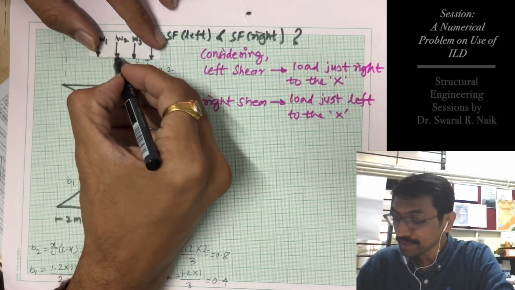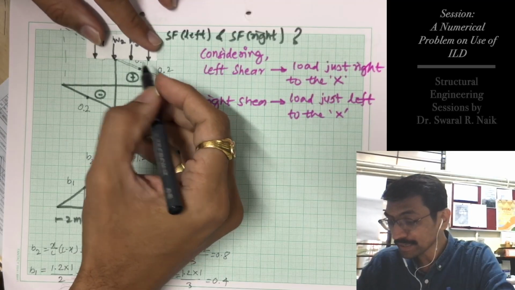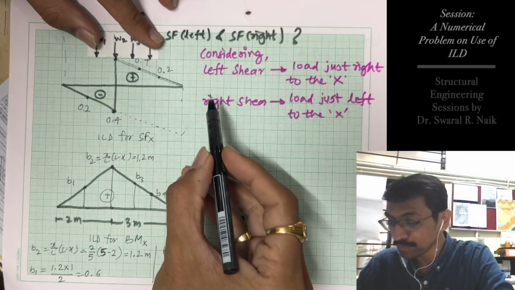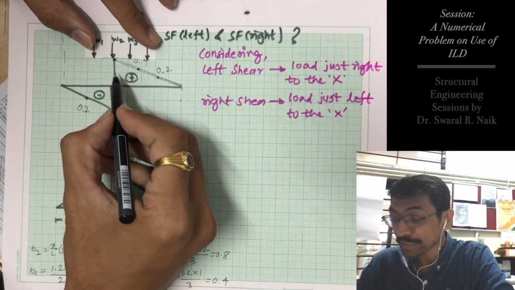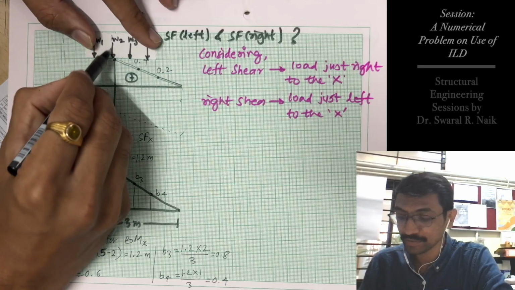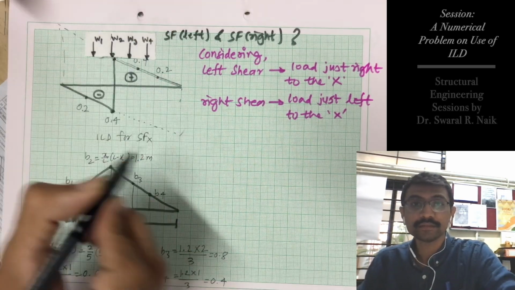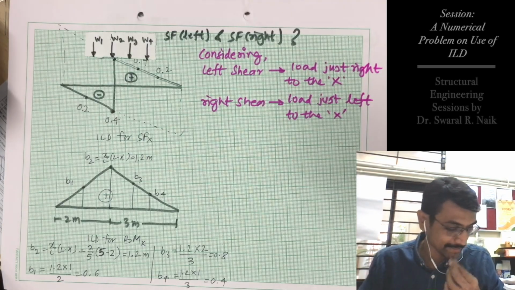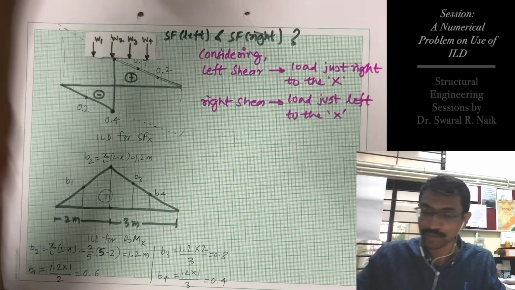And when you are calculating shear force at right, you have to take this W2 just left to the section, which means calculating all the shears which are right to the section. So this load is on this side, right? I hope this explanation is understandable. Now we can calculate left shear and right shear.